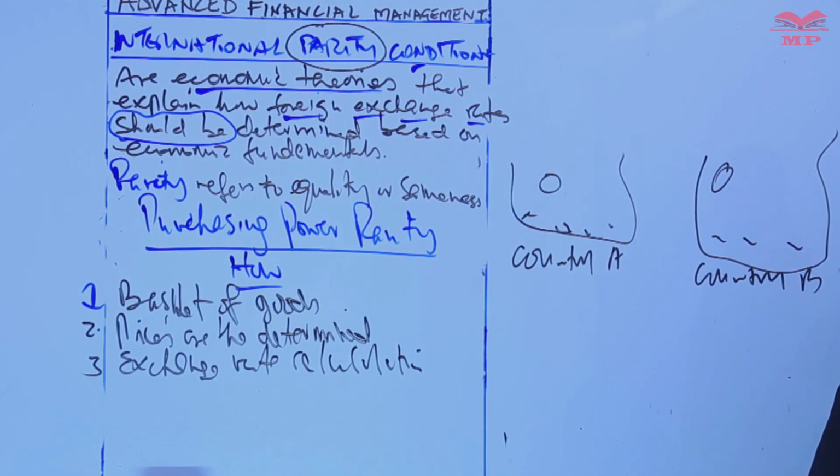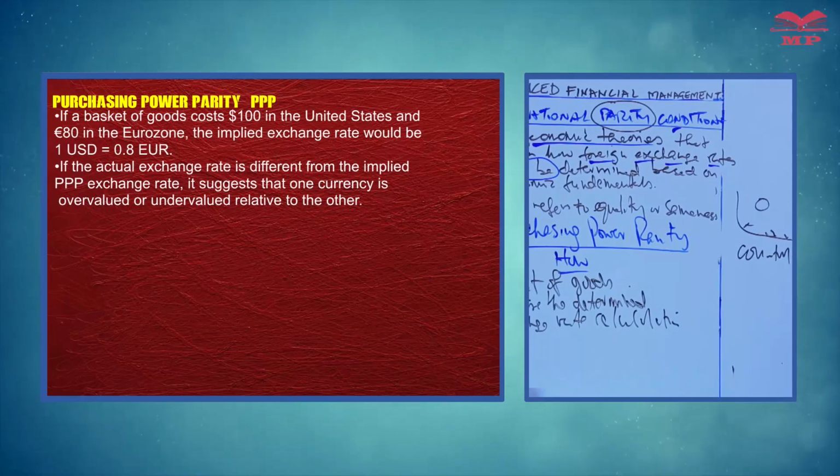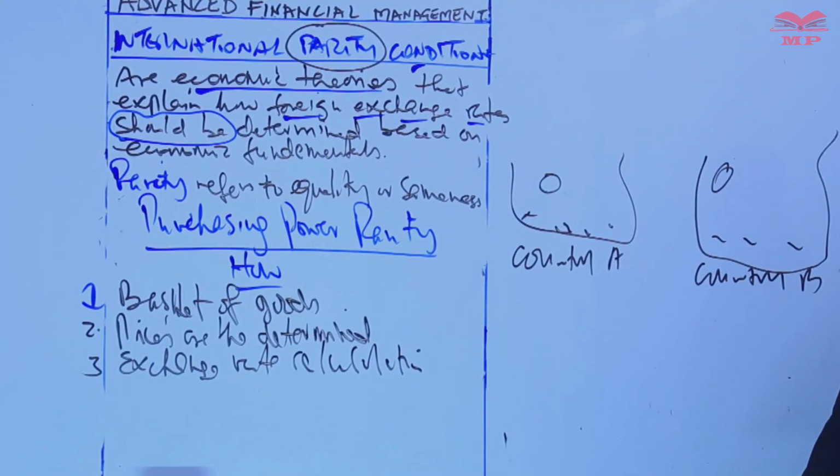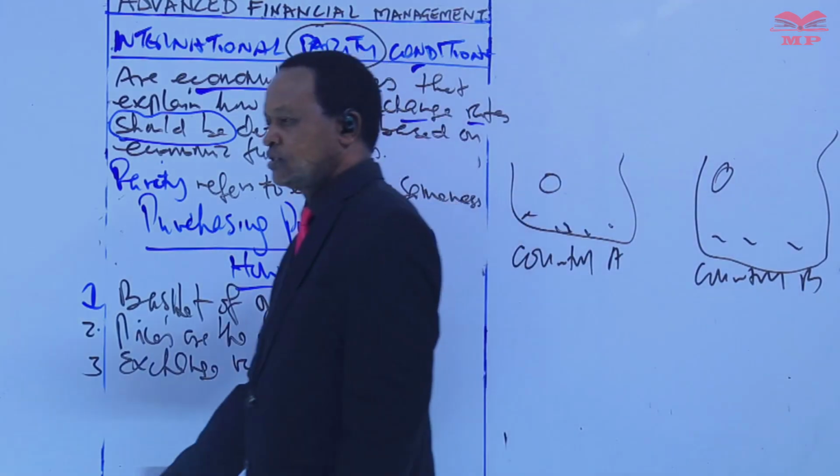Now let's take an illustration, a simple one. Let's use the US dollar and the euro. We can take an example of, say, a basket of goods in the US that is, say, $100.